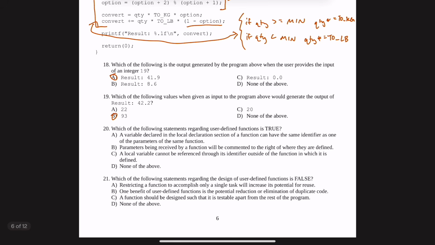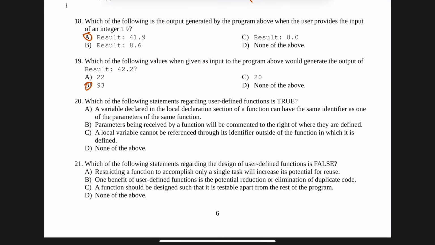Question 20. Which of the following statements regarding user-defined functions is true? A, a variable declared in the local declaration section of a function can have the same identifier as one of the parameters of the same function. So this one is going to be false. That's saying if we have some function that we pass in, say it gets the height, we can't have another height variable down here, right?